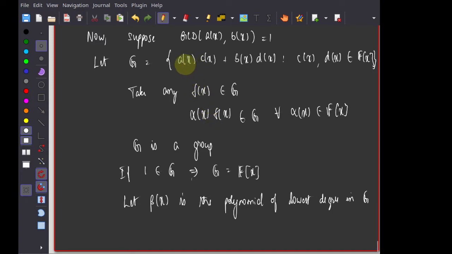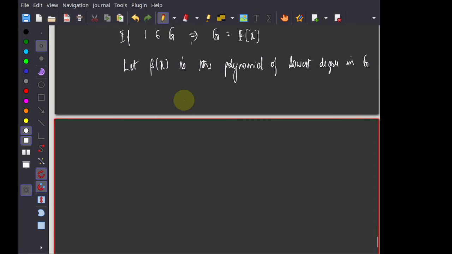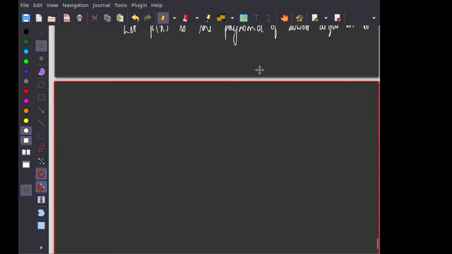So let's get to that. We know that beta(x) is the polynomial of lowest degree, right?